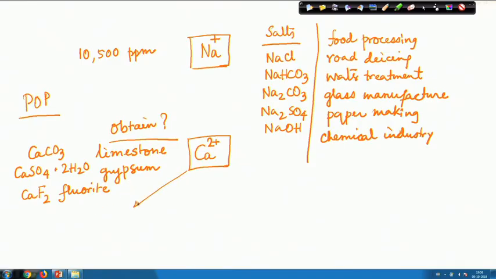So, as for this particular source of gypsum, limestone and fluoride, this can also, like that of our sodium ion, be obtained from ocean water or sea water, but at a lower amount compared to our sodium, only at 400 ppm.